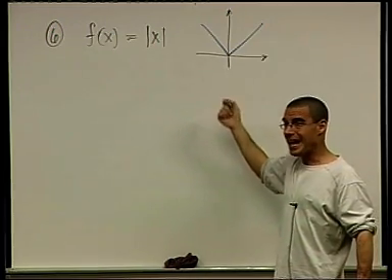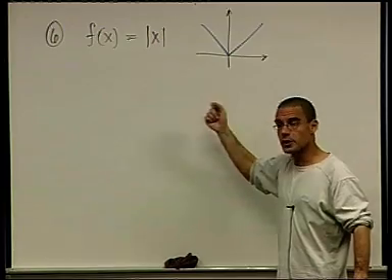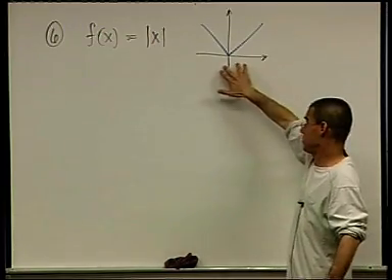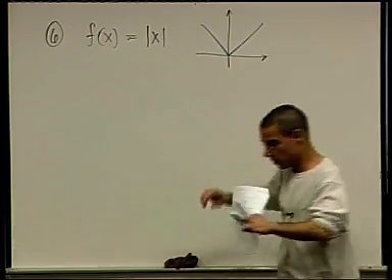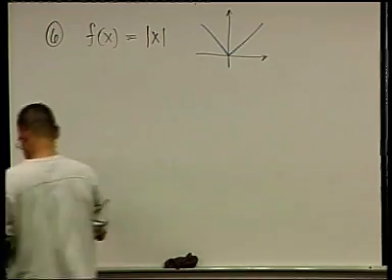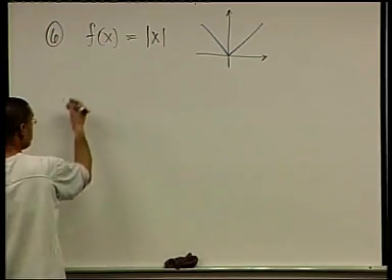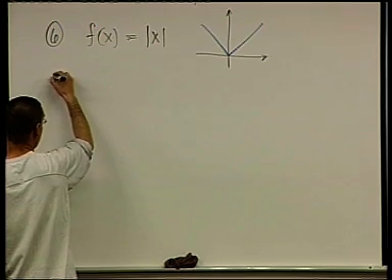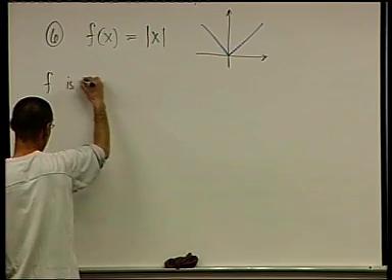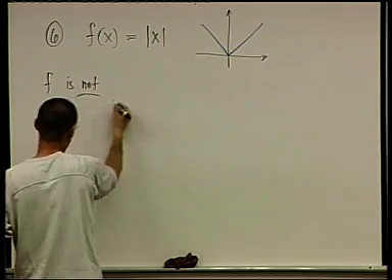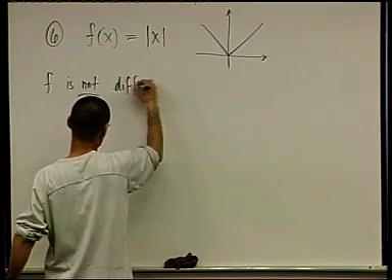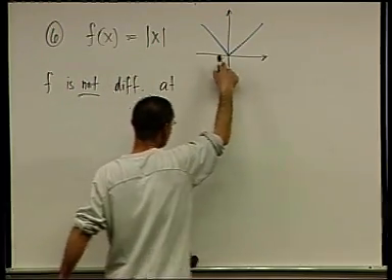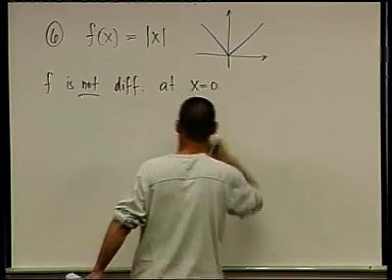Okay? So at a cusp, the function is not going to be differentiable, and that's the idea. So let's prove that f is not differentiable at this specific point, at x equals 0.